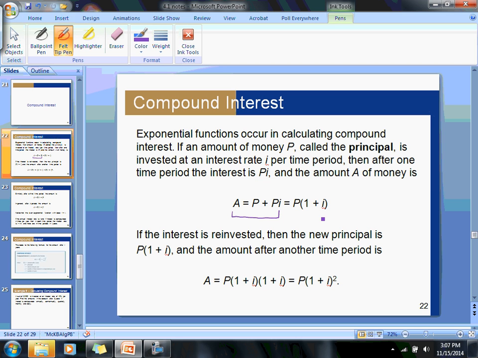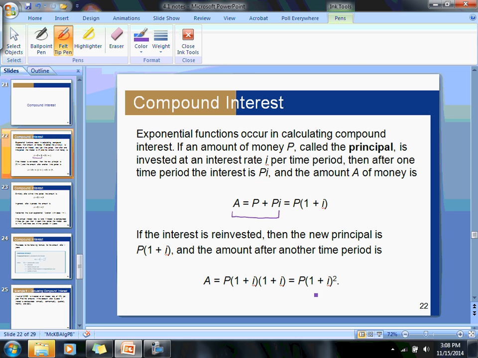Okay? Now, if you have this interest rate compounded, which means you just let your money sit in this account for month after month, year after year, this interest rate will be applied a certain amount of times. Now, it could be compounded one time, like it is written up here, or it could be compounded twice, maybe 2 times a year.